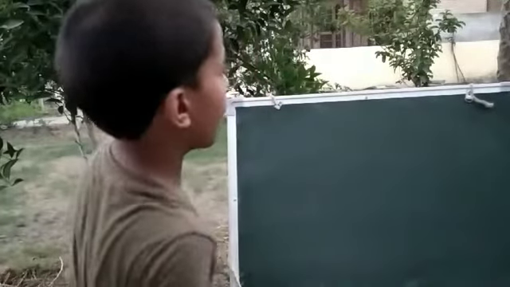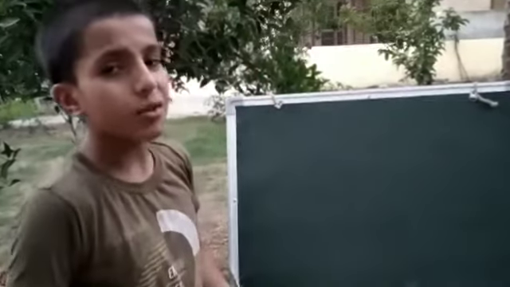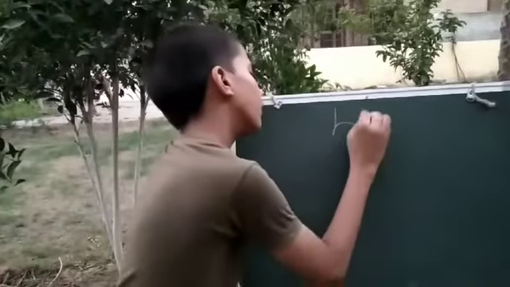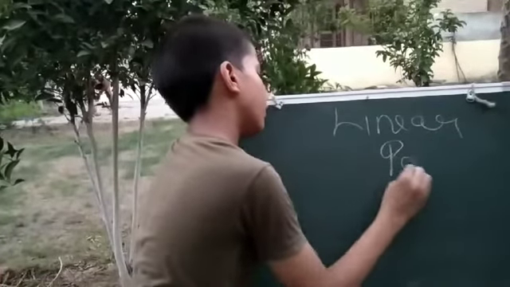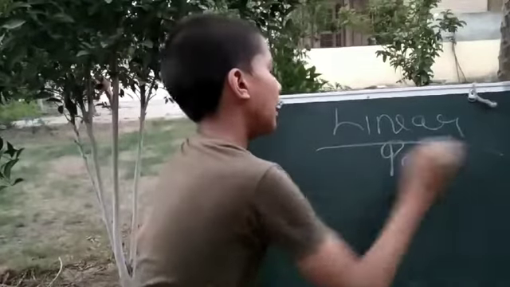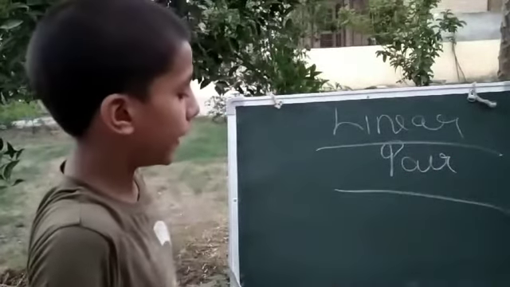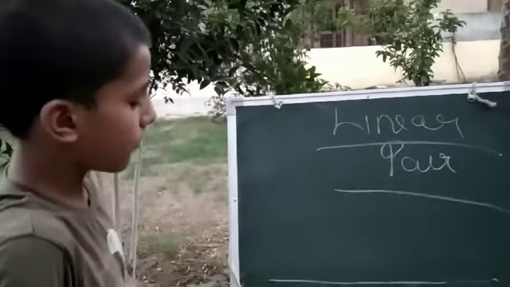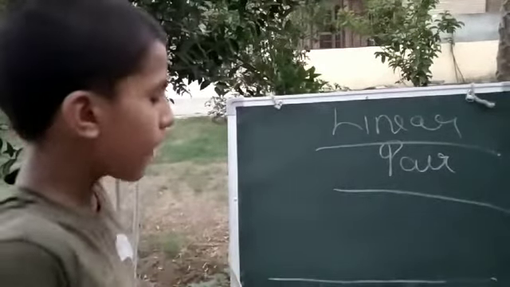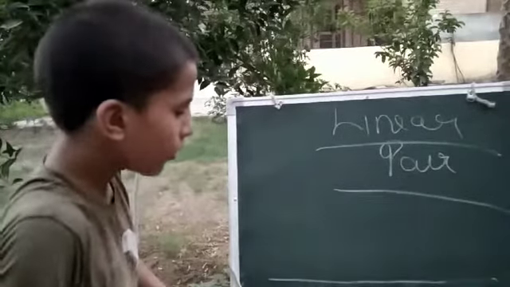So let's move on to the linear pair. What is the meaning of linear pair? A linear pair is also related to the transversal. How? I will tell you. Wait a second.